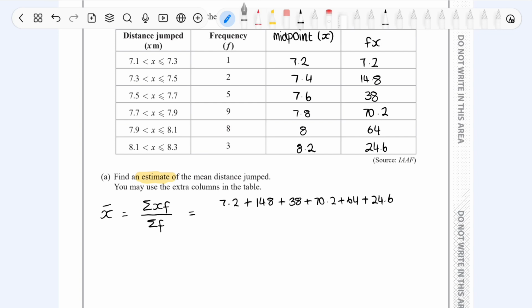Go ahead and type this into your calculator. And one more thing, probably should have done this first, the sum of the frequencies: 1 plus 2 plus 5 plus 9 plus 8 plus 3.